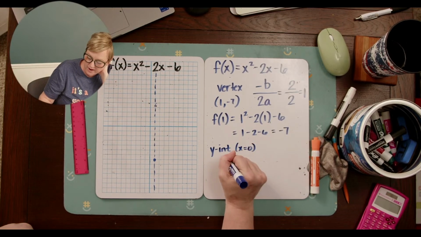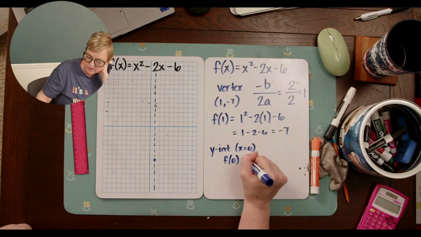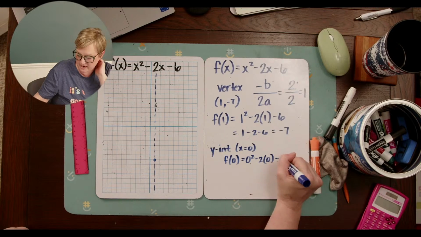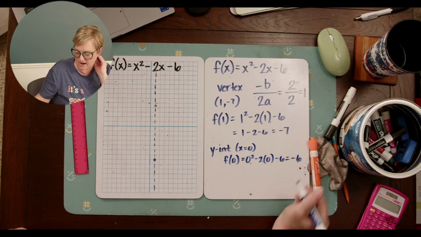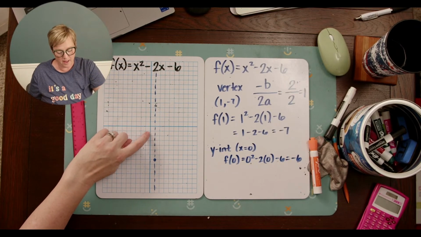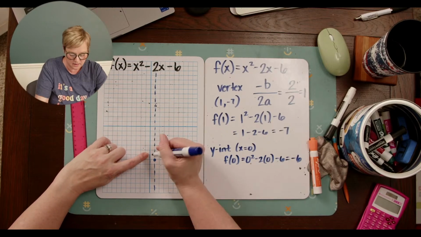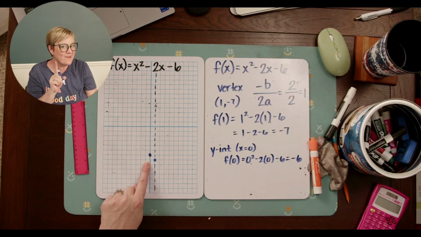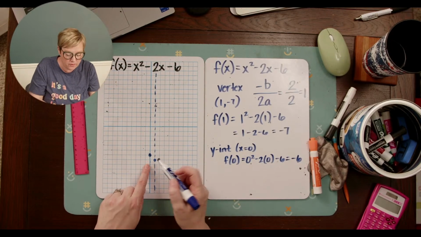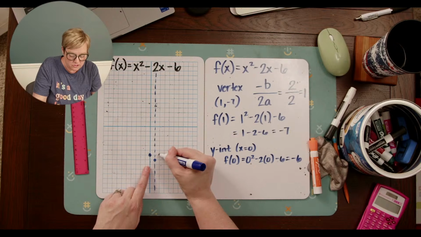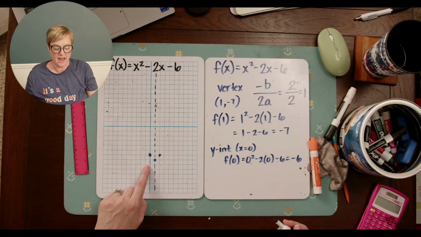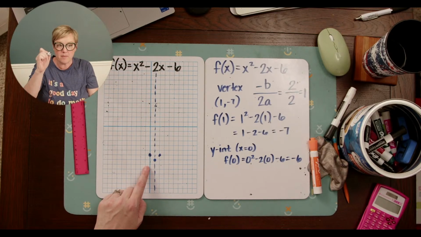So we want to find f of 0, which is 0 squared minus 2 times 0 minus 6, which means it's just at negative 6. So our parabola is going to cross at negative 6 right there. Now remember, it's a mirror, so if that point is there, there's going to be a point in the exact opposite spot. So there's my curve at the bottom.